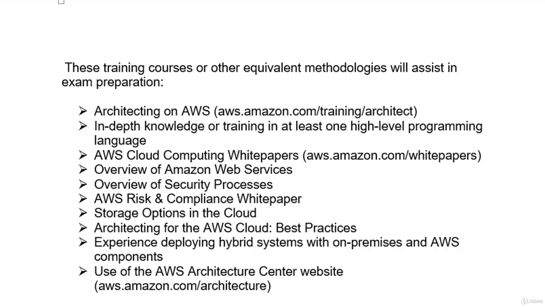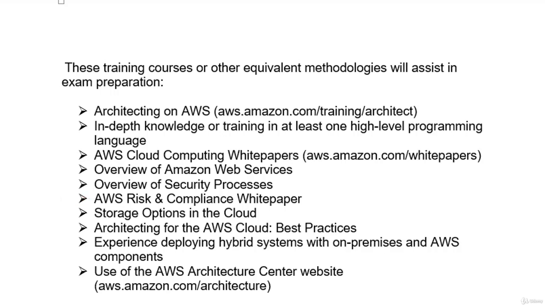Also, you can go through the AWS Cloud Computing white papers. The link is aws.amazon.com/whitepapers. There you will find some white papers published by AWS, and they will guide you to some deep concepts of AWS. Overview of Amazon Web Services, security processes, AWS risk and compliance white paper.